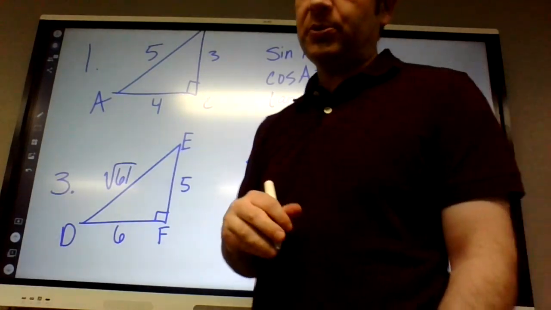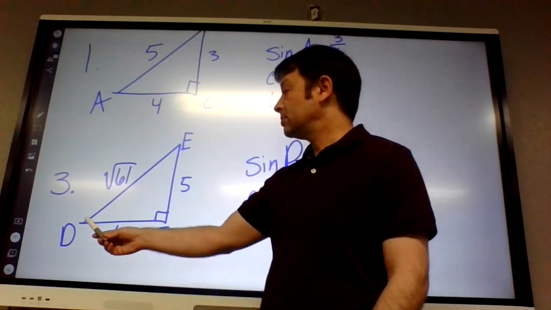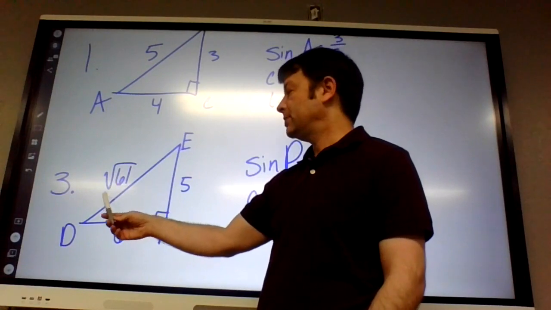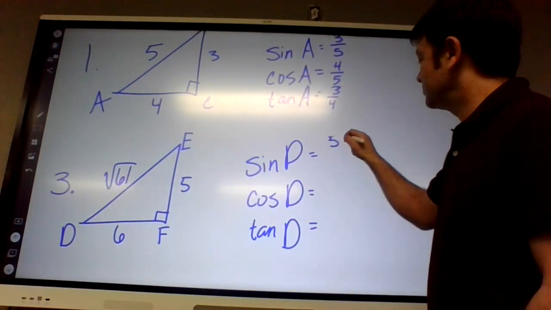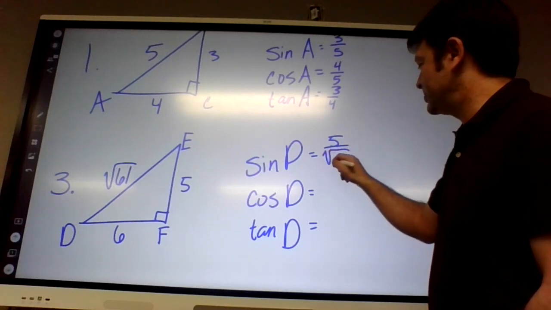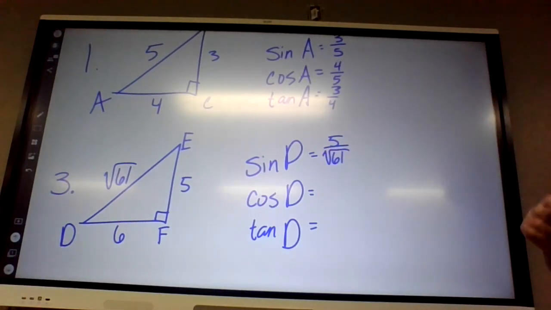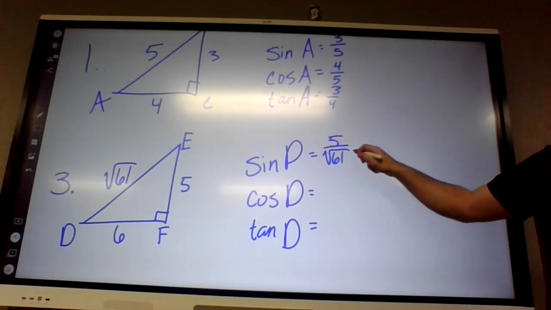Okay, Madeline, what would sine of D give us? 5 over root 61. Right. Opposite over hypotenuse. Here's the problem. Do you guys know what the problem is? You're not supposed to leave a square root in the denominator normally. How do we fix it? If you got a nice calculator, you can plug it in. But does anybody remember the quick trick?